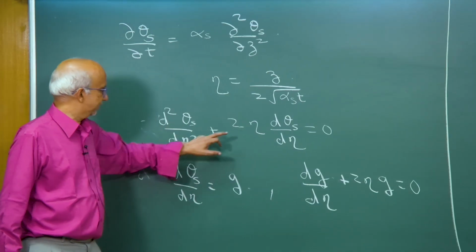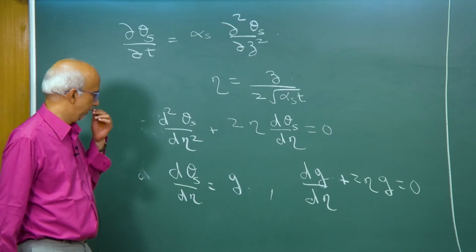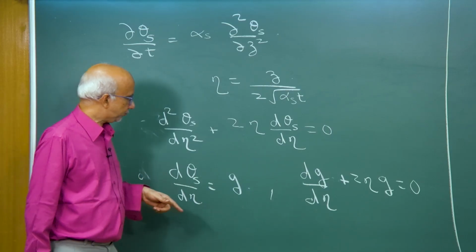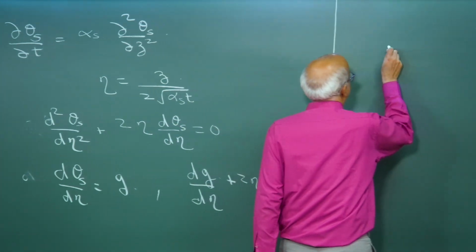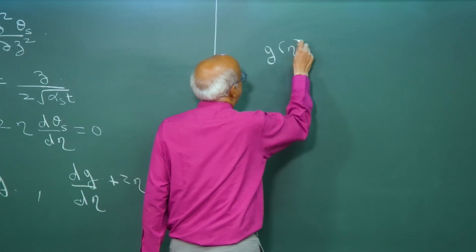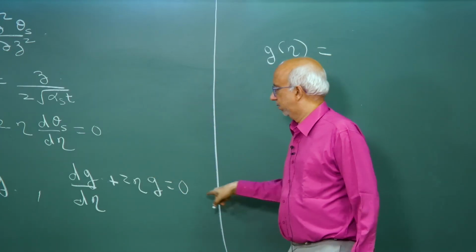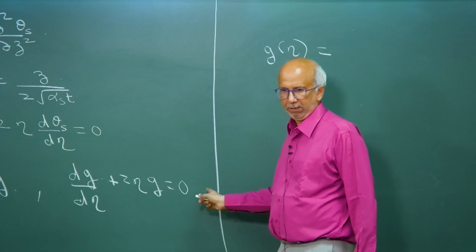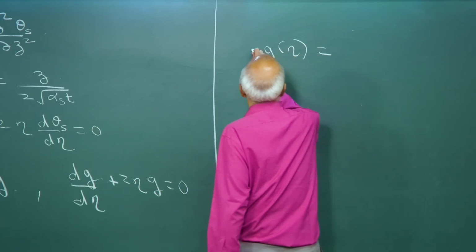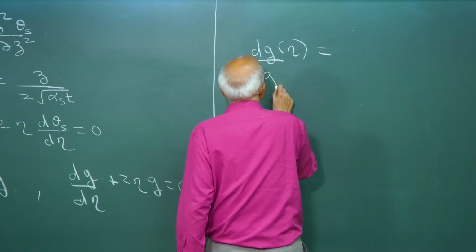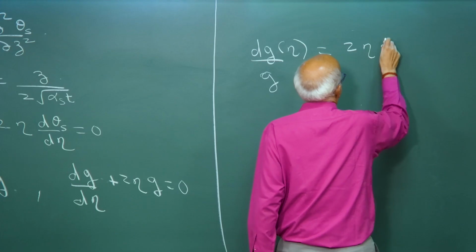So, all I have done is put the first derivative equal to g and I have got this. Now, when I integrate the equation for g, I take it to the other side, do the cross multiplication, g comes to the bottom: dg by g equals minus 2 eta d eta.